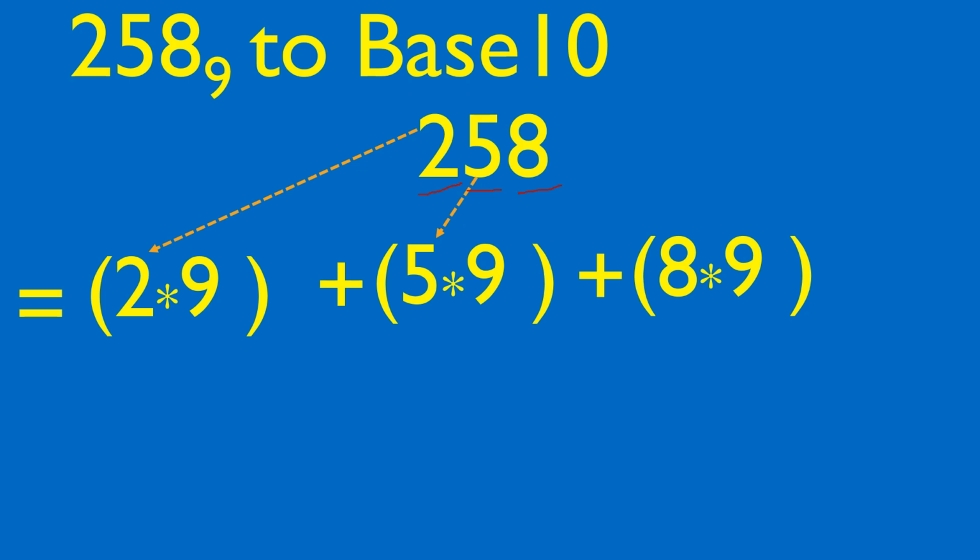Like we mentioned earlier, now that we have multiplied each of these numbers, we've multiplied 2, which is this 2, by the base 9. We've also multiplied 5, which is this 5, by 9, which is the base. And we've also multiplied 8, which is this 8, with the number base, which is 9.